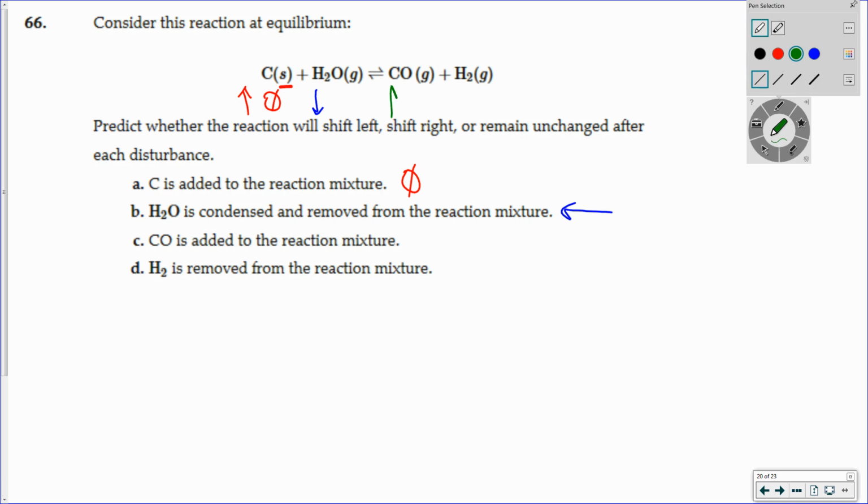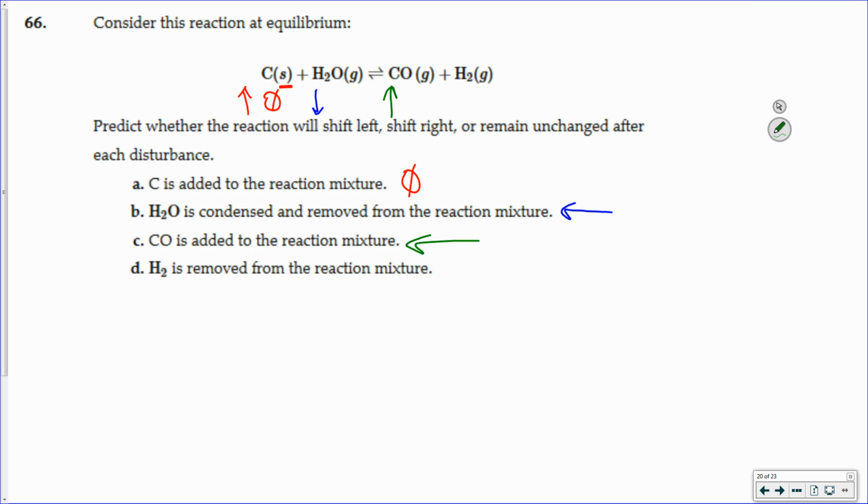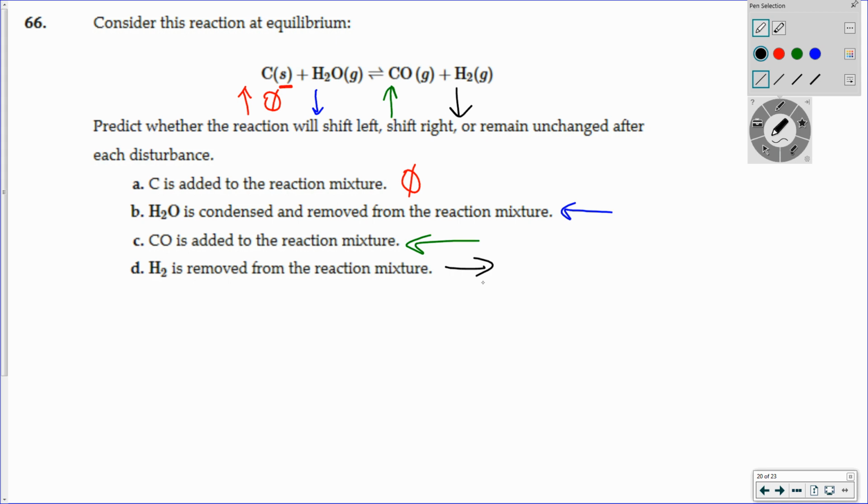So CO is added. That's going to drive it to the left. And H2 is removed from the reaction mixture, the last one. If H2 is pumped out, that's going to drive it forward. Anytime you remove a product, you drive it in the forward direction. If you add a product, it drives it in the reverse direction. Question on that one?